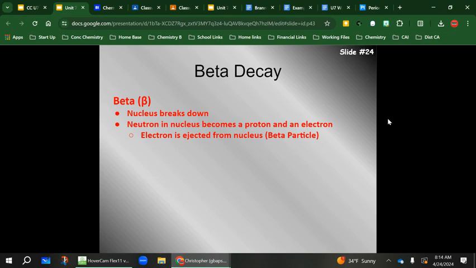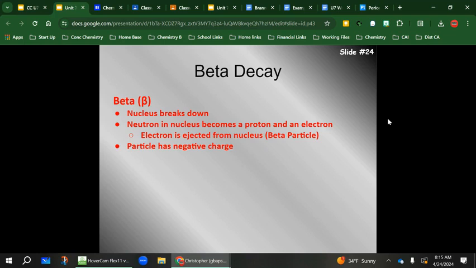Okay? So this beta particle goes shooting out of the nucleus, which is basically just an electron going off into space. So the particle has a negative charge. The last one had a positive charge. Why? Because it was 2 protons. This is the negative charge. Why? Because it's an electron.